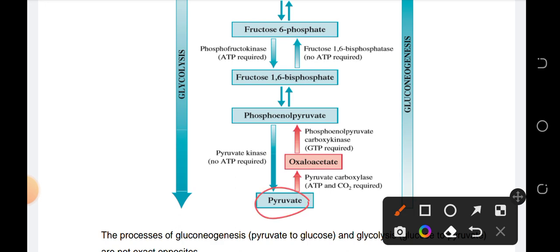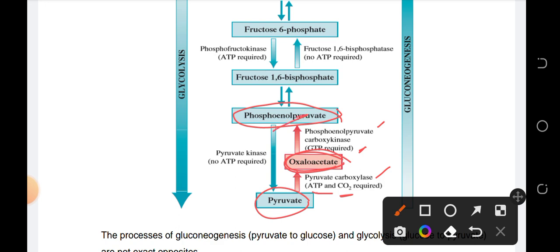So from pyruvate, magiging oxaloacetate muna siya, of course with the presence of pyruvate carboxylase, and ATP and carbon dioxide. So from oxaloacetate, doon pa lang siya magiging phosphoenol pyruvate with the presence of phosphoenol pyruvate carboxykinase, and kailangan din daw ng GTP.